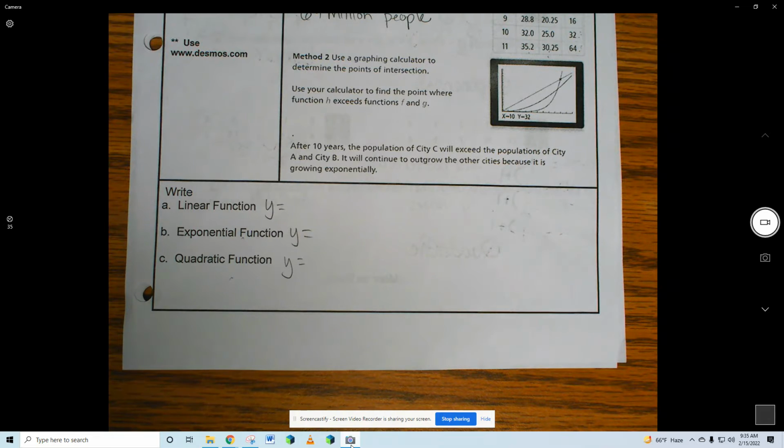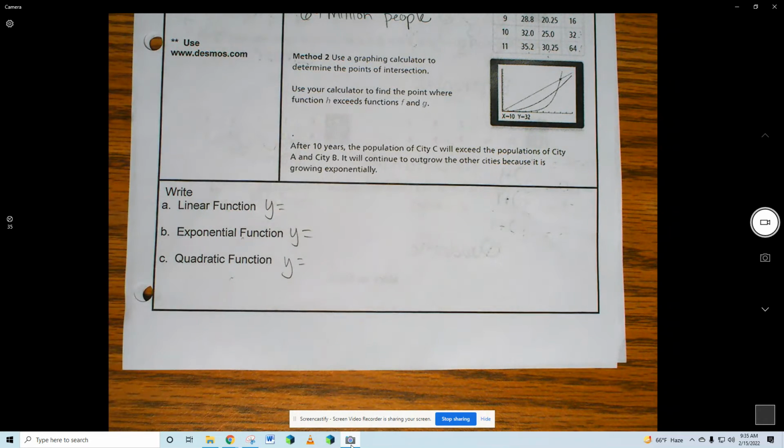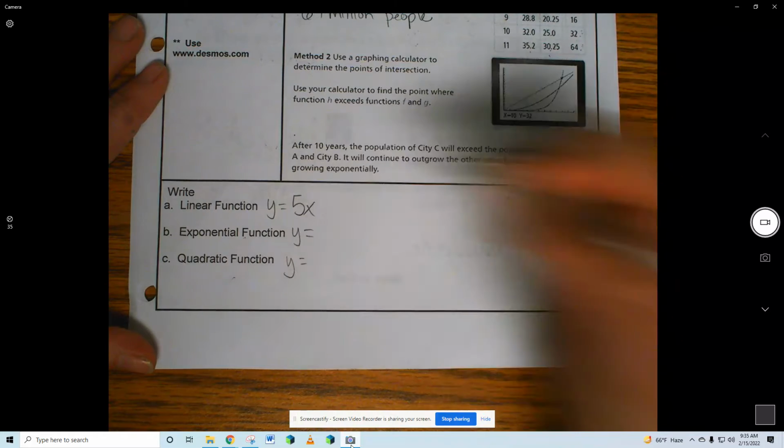Parabolas. Quadratic. Exponential are like these. Oh, it's not on the board anymore. Well, I need three different people because there's 3 different questions. Straight line. What is it? Y equals 5x. Great. That's linear.